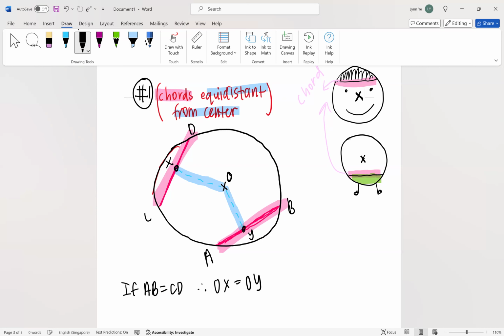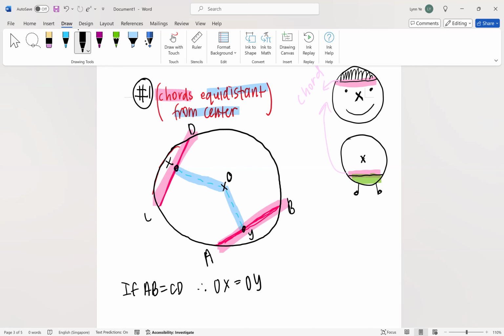When I write like that, I'm not referring to the angle. I'm referring to the length. There's no radius. Radius is from where to where? Circumference to the center.